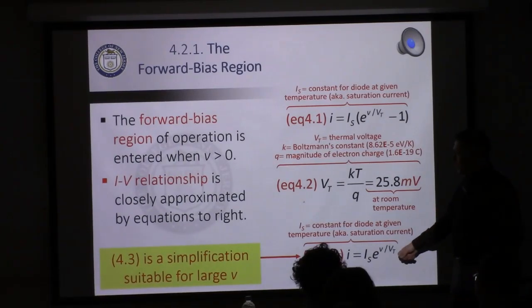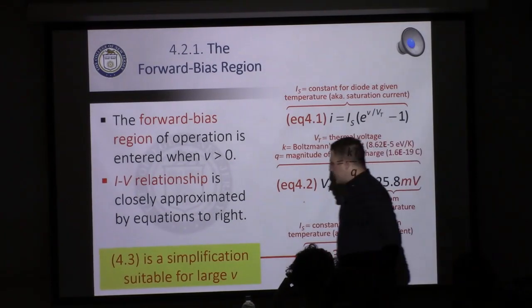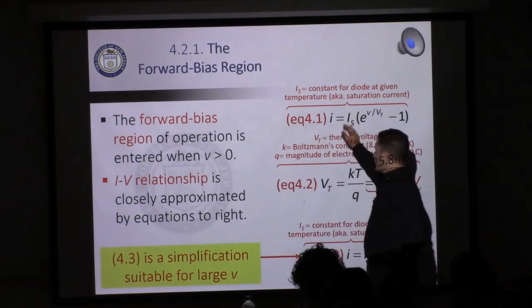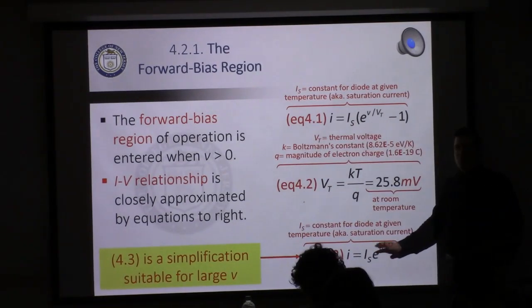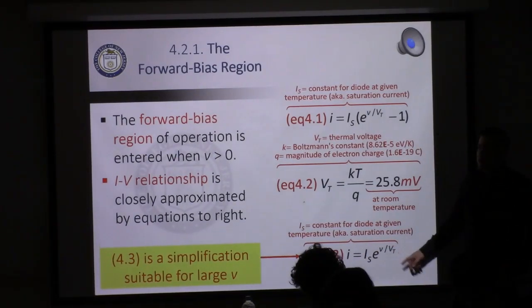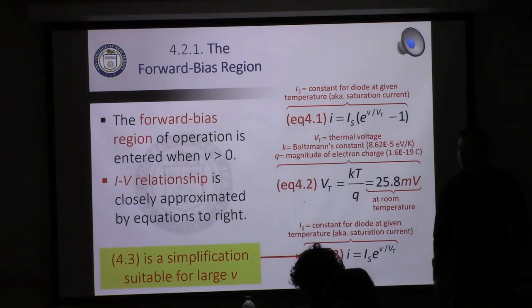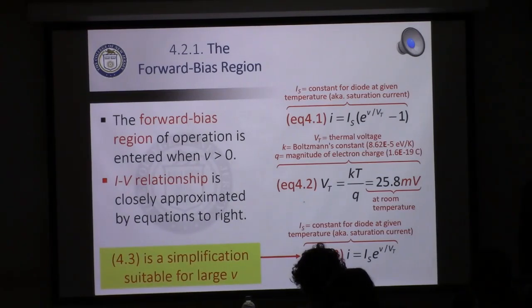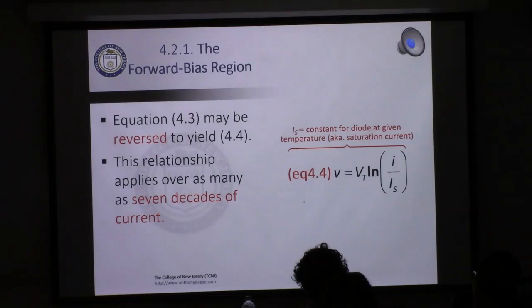And then here, 4.3 is a simplification of this expression up above. Again, we said that we'll use that when V is significantly larger than Vt, and we set that threshold at approximately 250 millivolts.